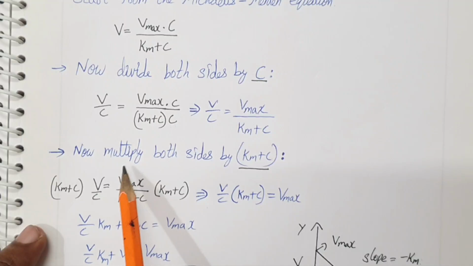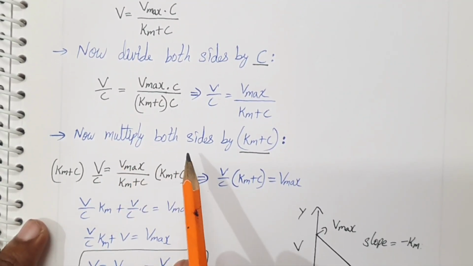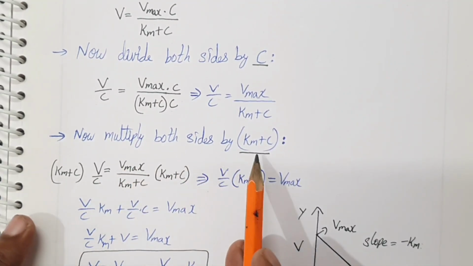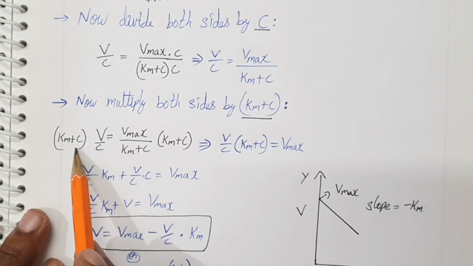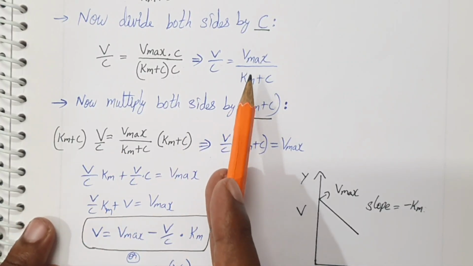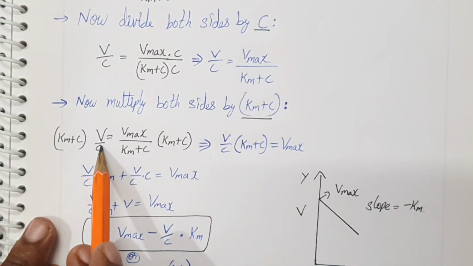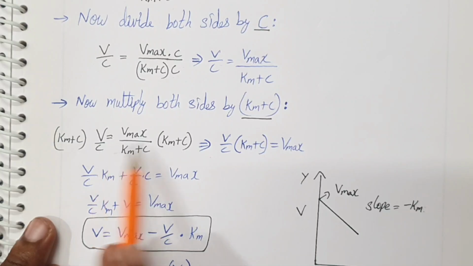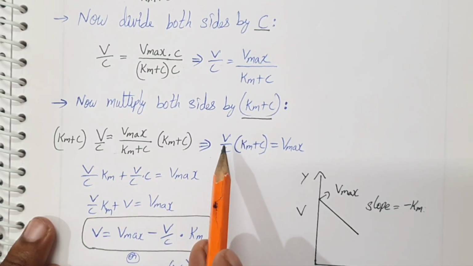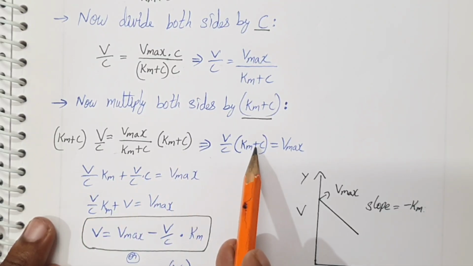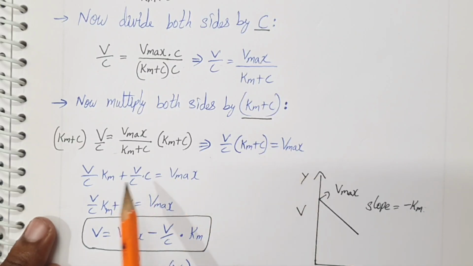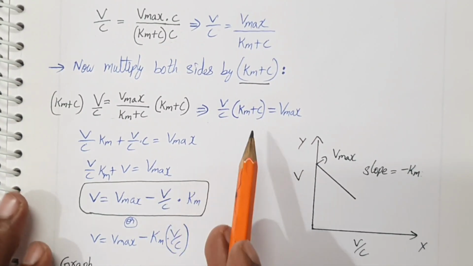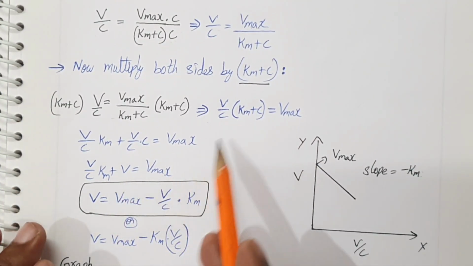Now the third step is to multiply both sides by Km plus C. So this Km plus C and this Km plus C get cancelled. Our equation becomes V by C into Km plus C equals Vmax. After that we simplify it.